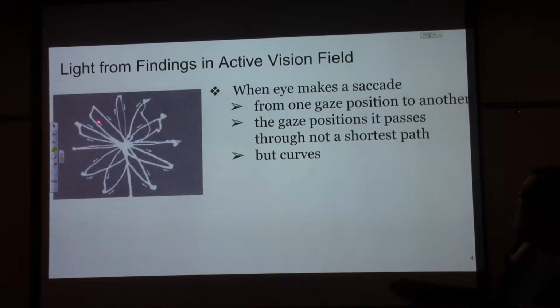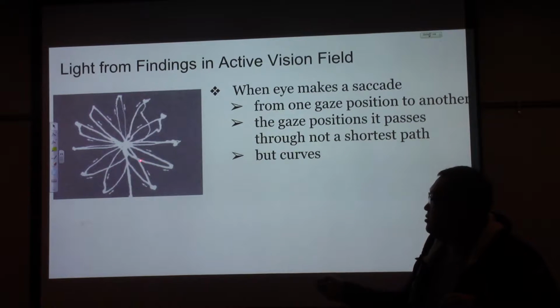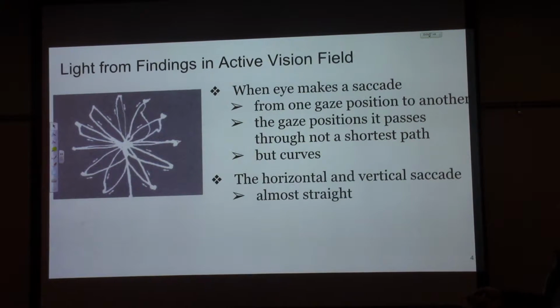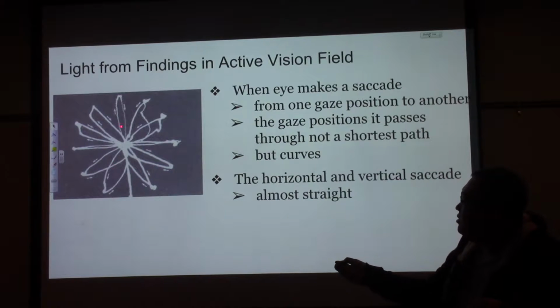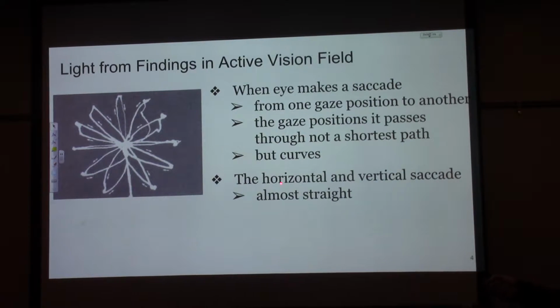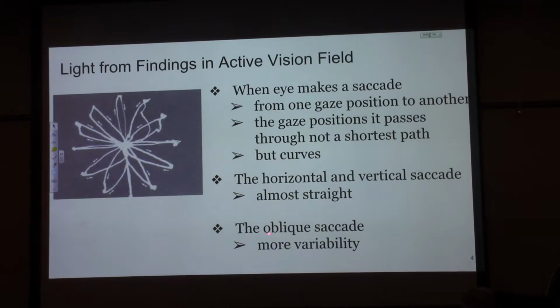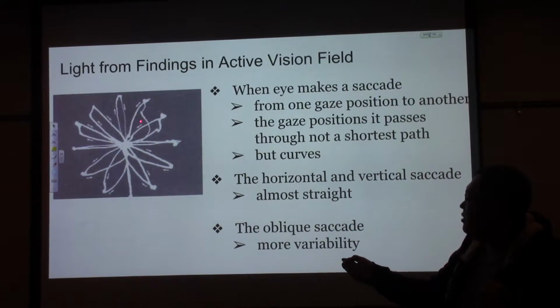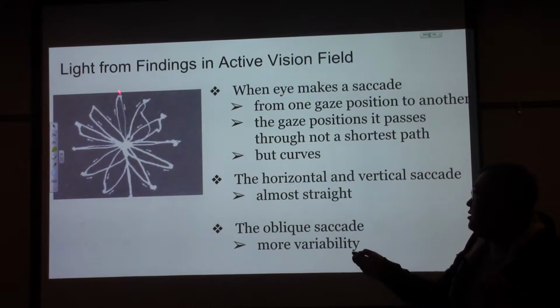You can see it's actually a curve. And if you compare those curves with the oriented angle of the saccade, you can find that horizontal and vertical saccades are almost straight. However, oblique saccades have more variability than horizontal and vertical ones.